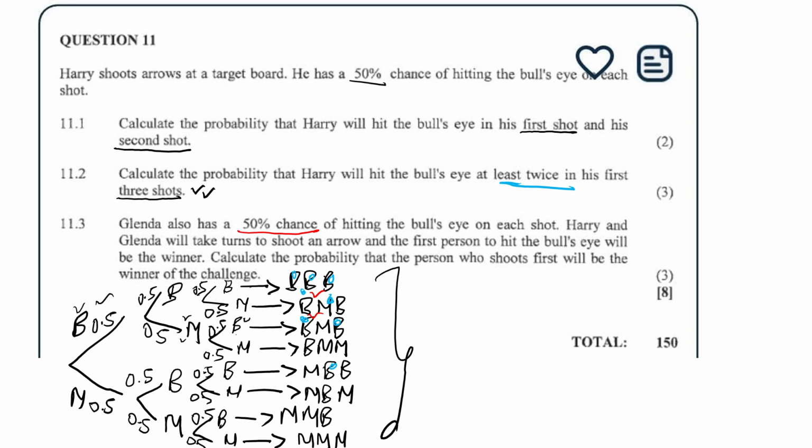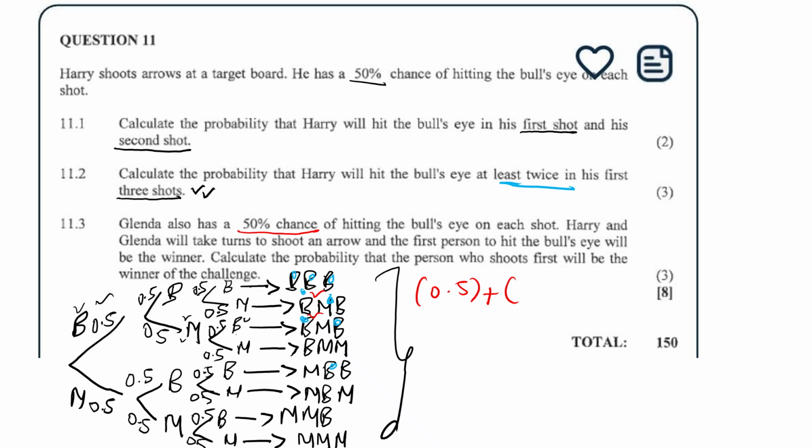Okay. So now, firstly, the first person, or the person who shoots first. We want to calculate the probability. So the first person, the probability is 0.5, right? Now the second person.